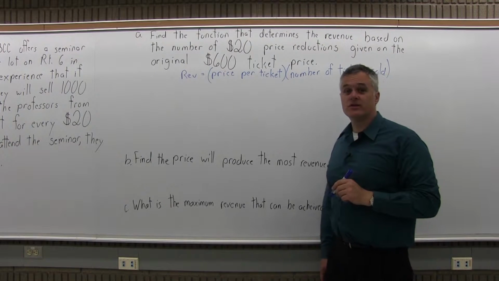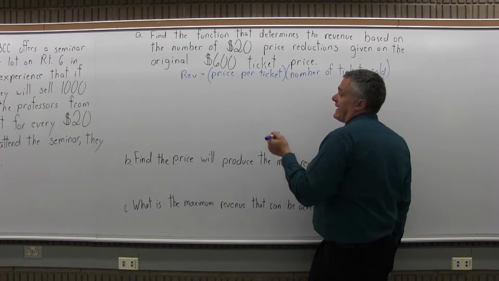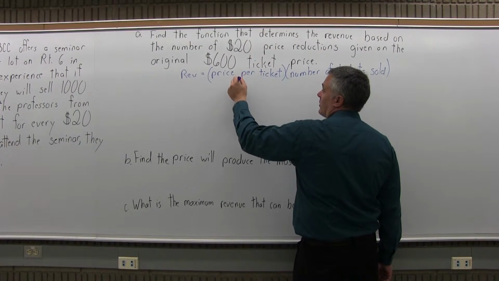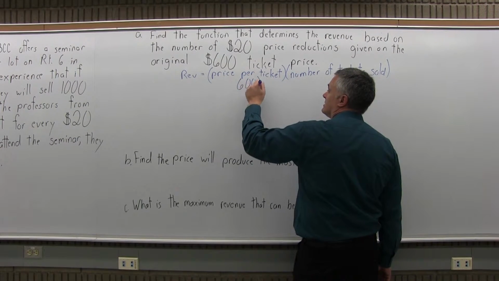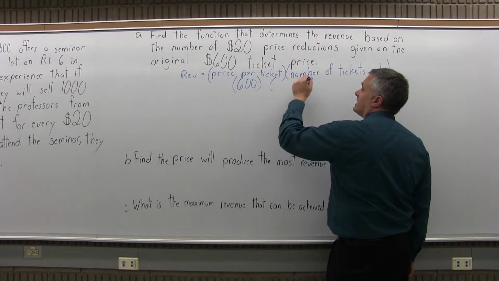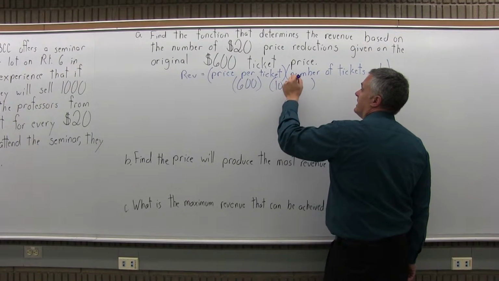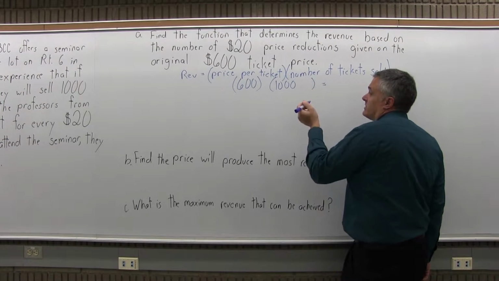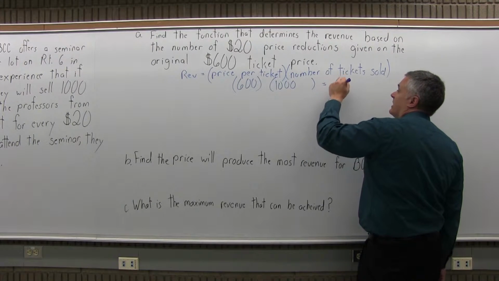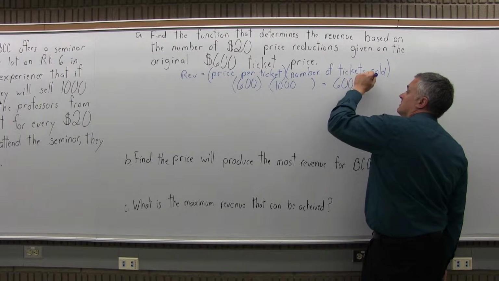That's how you calculate the revenue. So what they had been doing is the price per ticket was $600 and the number of tickets sold was 1,000. And at that rate, 600 times 1,000 would be $600,000 of revenue.